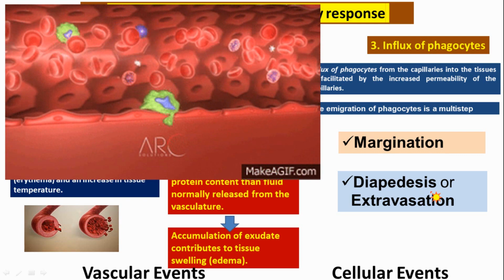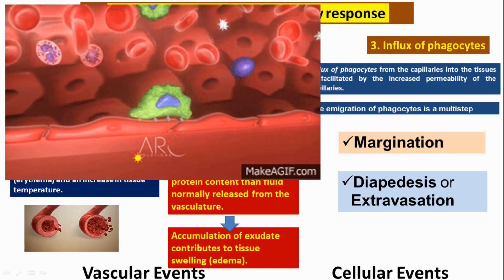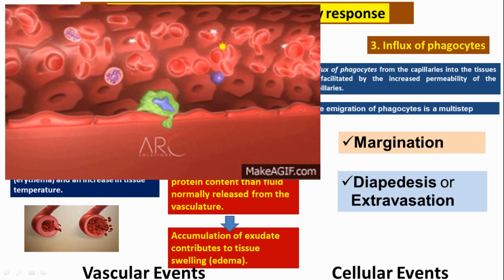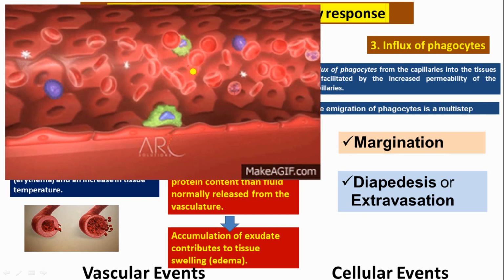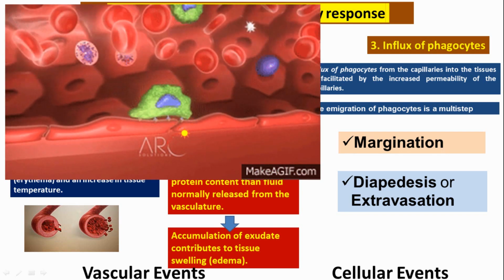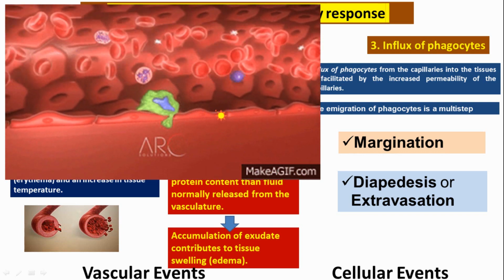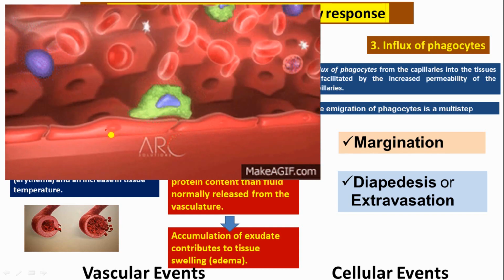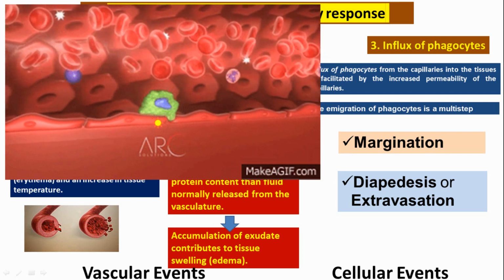You can see here in this animation, this is the capillary and this is the tissue. Through this capillary in this direction, these RBCs, neutrophils and monocytes are circulating. Because of this vascular permeability, these phagocytic cells adhere themselves on the capillary wall with the help of certain proteins that we will discuss later on.